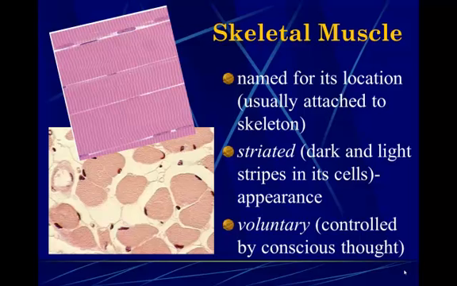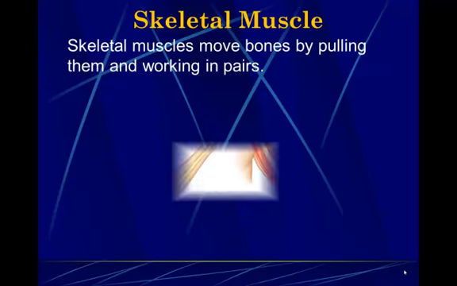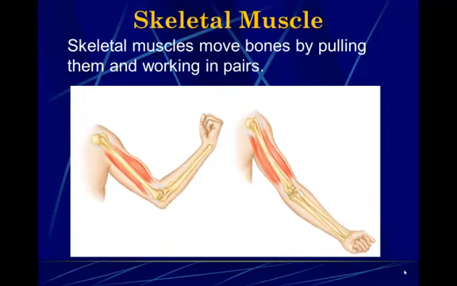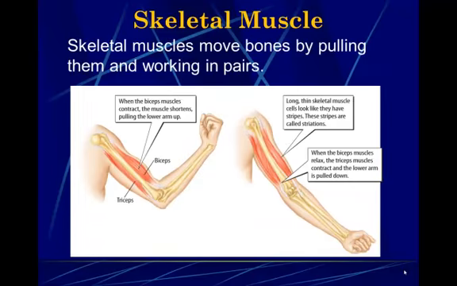And of course, we mentioned that they are voluntary. You consciously control the skeletal muscles by your thought, by your will. Skeletal muscle moves bones by pulling, and the key thing is they work in pairs. So when your biceps is contracting, the triceps is relaxing and getting longer.